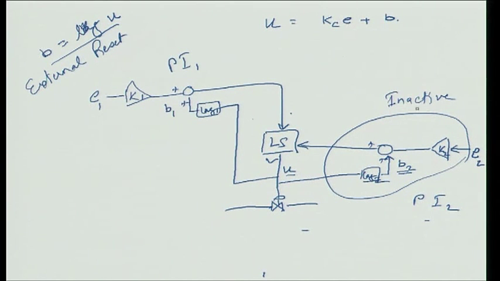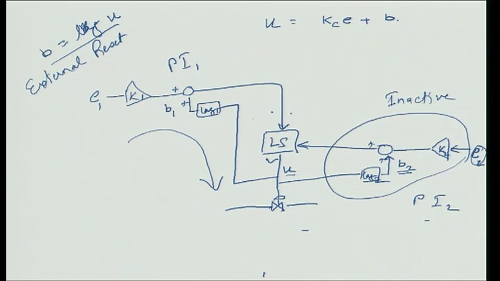If the second controller is inactive, then even though this signal is getting passed, this bias B2 will keep getting updated so that it matches U. What that means is this signal will differ from this signal only by whatever is the error here, and if this error remains small, that means the deviation error does not change by much, then this guy will not go too far away from that guy.